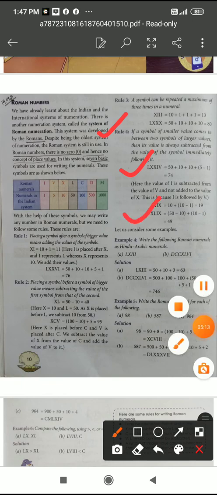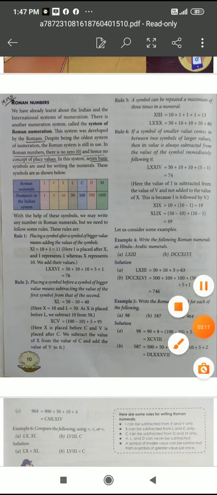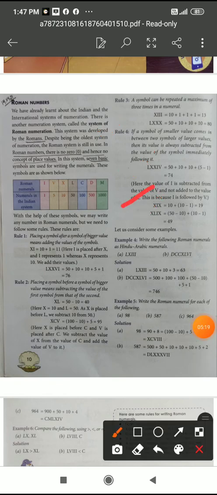Then another example. XIX. Okay. 10 plus IX, means, children, we have to subtract I from X, that is 10 minus 1. So the answer will be 19. Then XLIX. XL, here you see X means 10, L means 50.